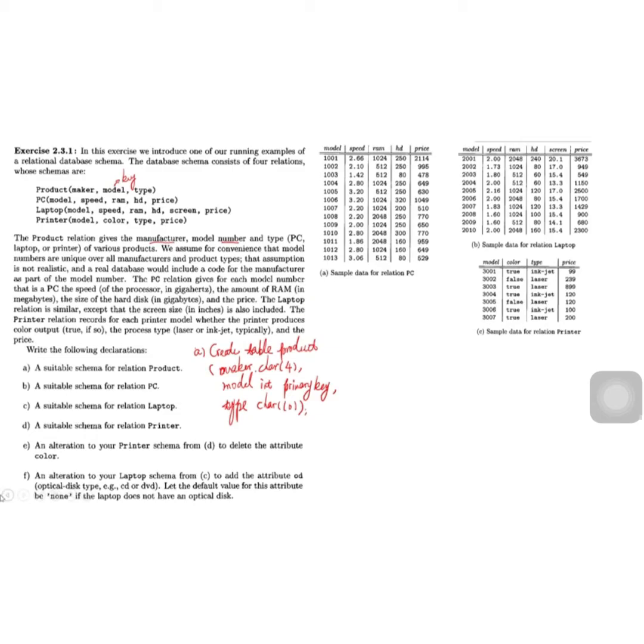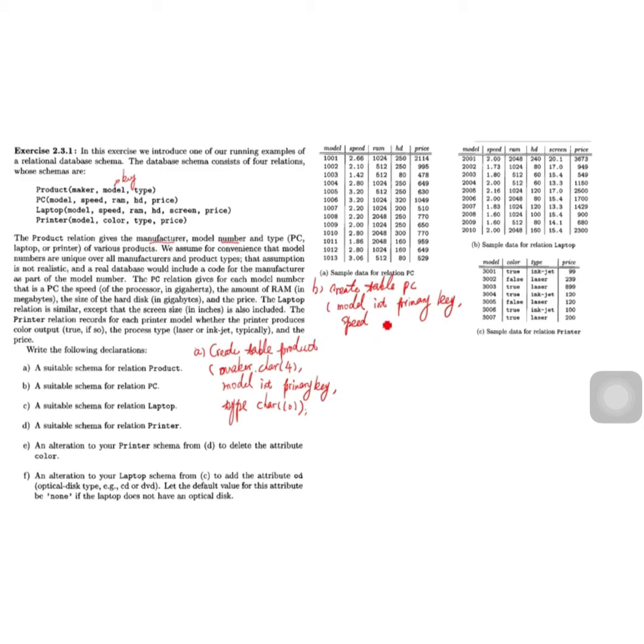Now let's write the create table sentence for PC. Create table PC. List model int, and it's also unique, so it's a primary key. Now speed is float or double or decimal.